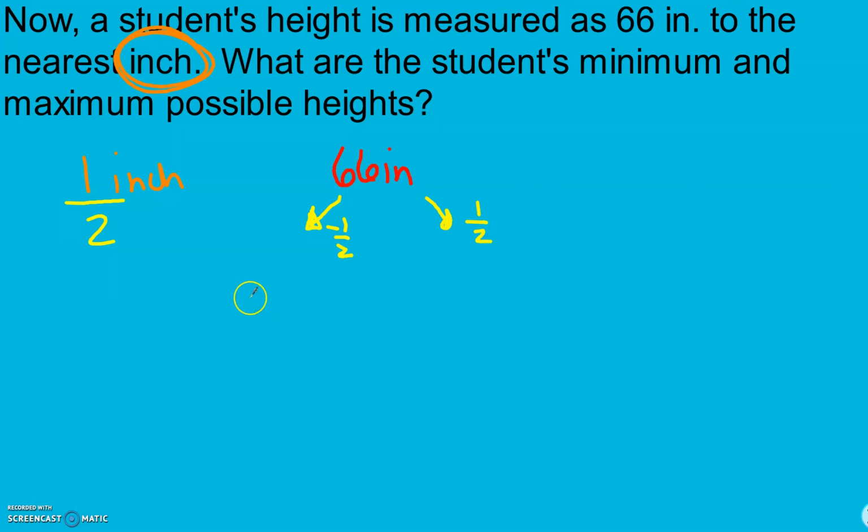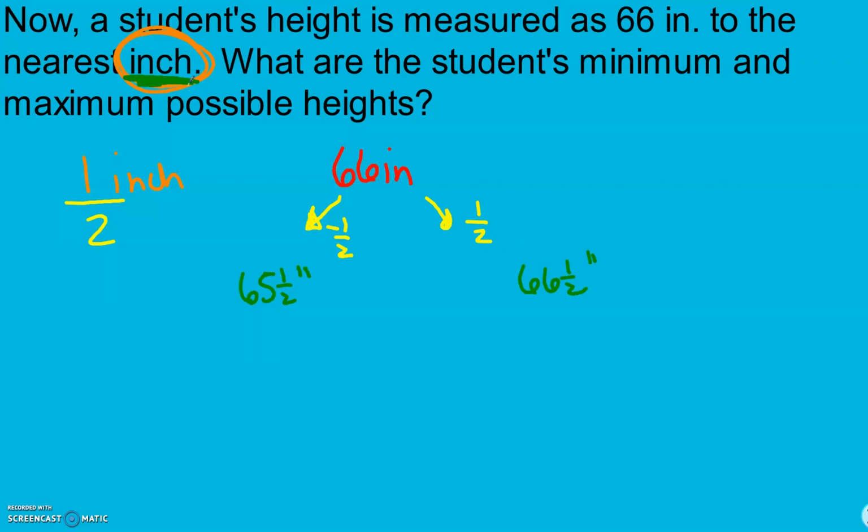So here, 66 minus a half is 65.5 inches. 66 plus a half gives me 66.5 inches, and those are my cutoffs. Again, anything less than 65.5, we'd round it down to just 65. Anything more than 66.5, we'd round up to 67 inches. So because we're measuring to the nearest inch, we are trying to figure out those borders. At what point does it split to be above or below?